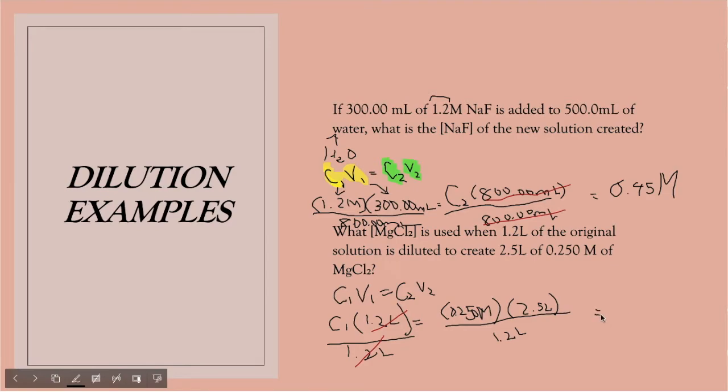First we multiply 0.250 by 2.5, which gives us 0.625, and then we divide that by 1.2, which gives us 0.5208333. But since this is also to 2 sig figs, we will instead round this to 0.52 molarity, which will be our final answer.